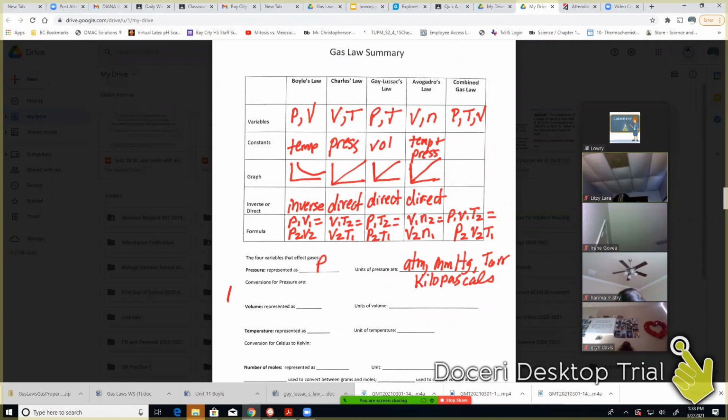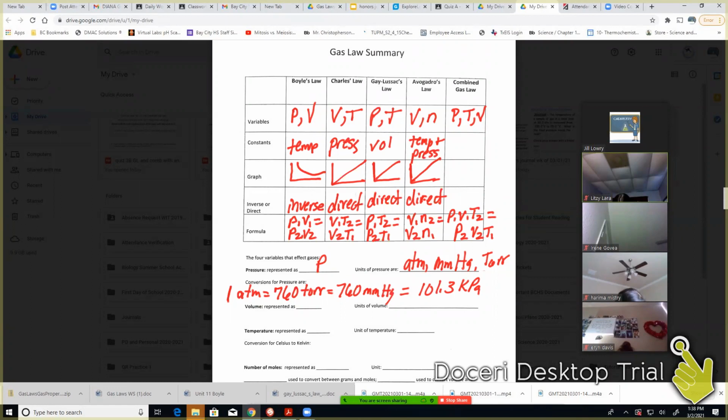This is the same line that's on your pink sheet. 1 atm is equal to 760 torr, or 760 millimeters of mercury, or 101.3 kilopascals. So those are all the things that we just used to do the pressure conversions.